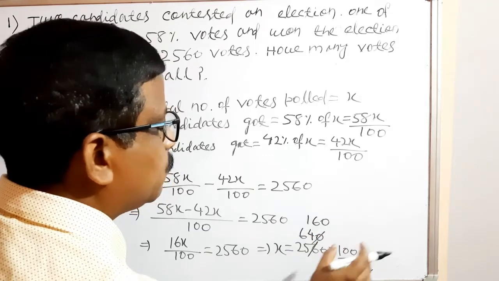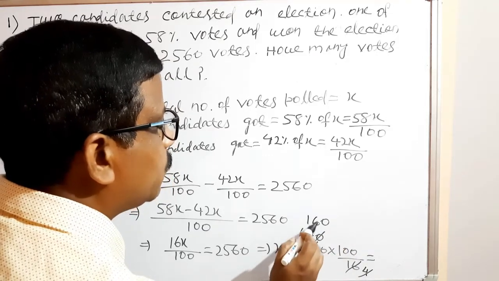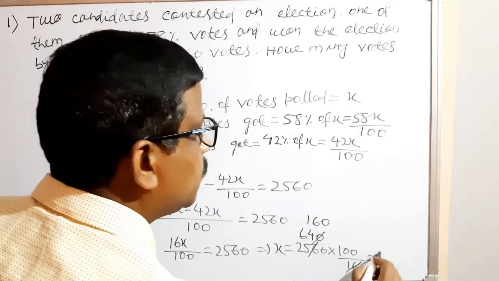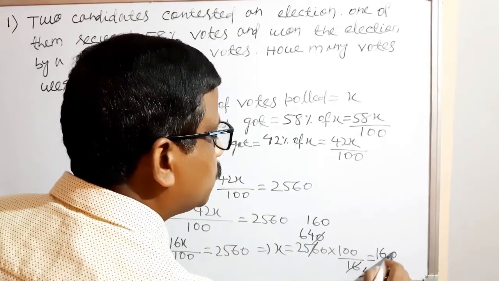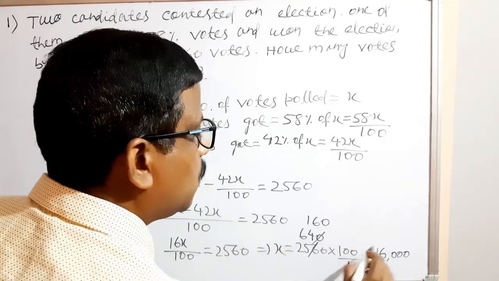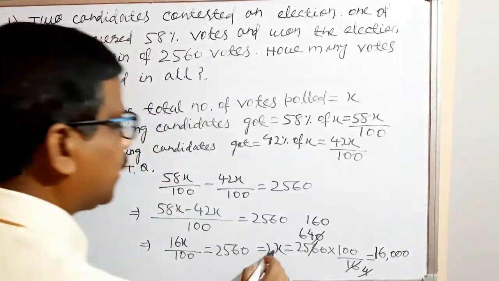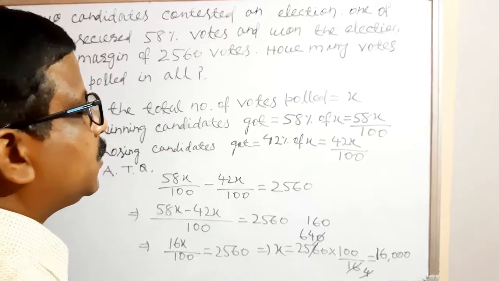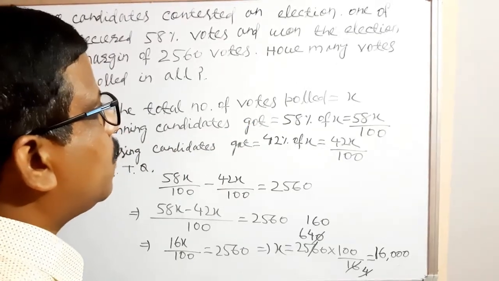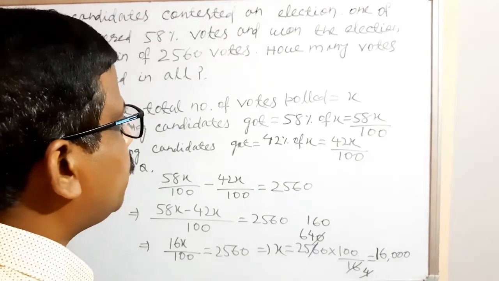Directly I am writing, no space is here. So it becomes 16,000 votes. Understood? X we have taken as the total number of votes polled, so x is 16,000 votes. Understood how to solve? Next question I am doing.